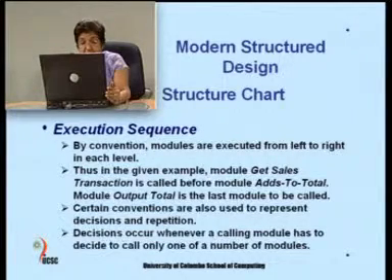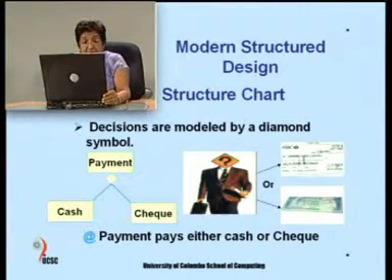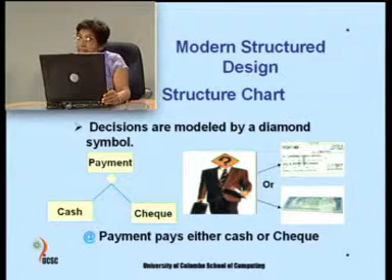the decisions we will discuss. Decisions occur whenever a calling module has to decide to call only one of a number of modules. Look at this example given here. Here there has to be a decision made. Payment can be made either by cash or check. When you make a single payment, you are not going to pay it both by cash and check.